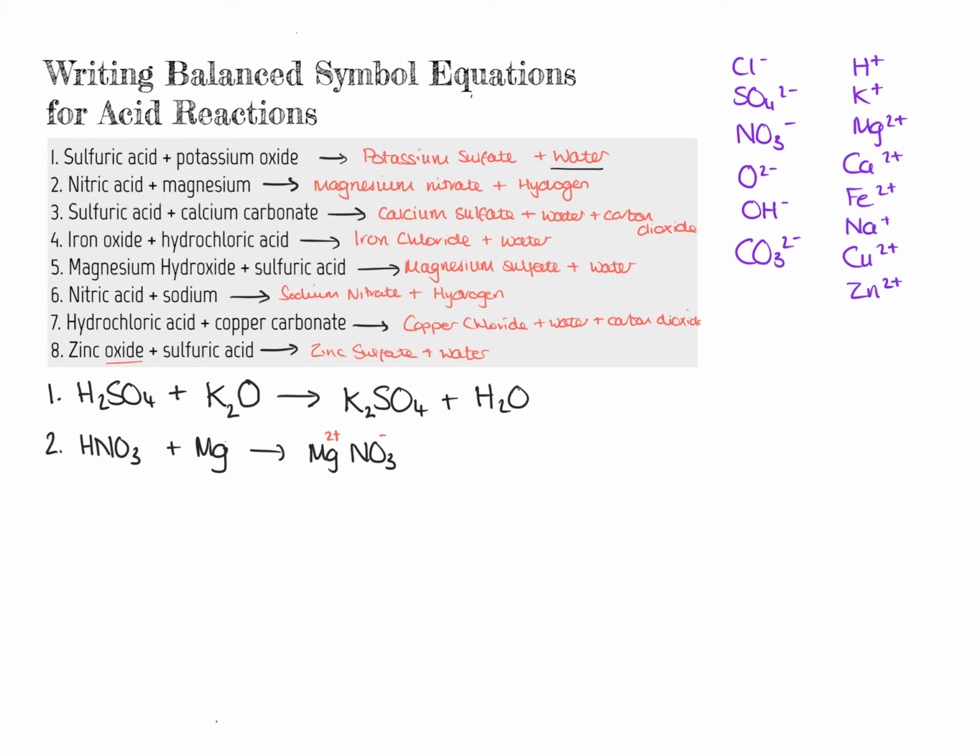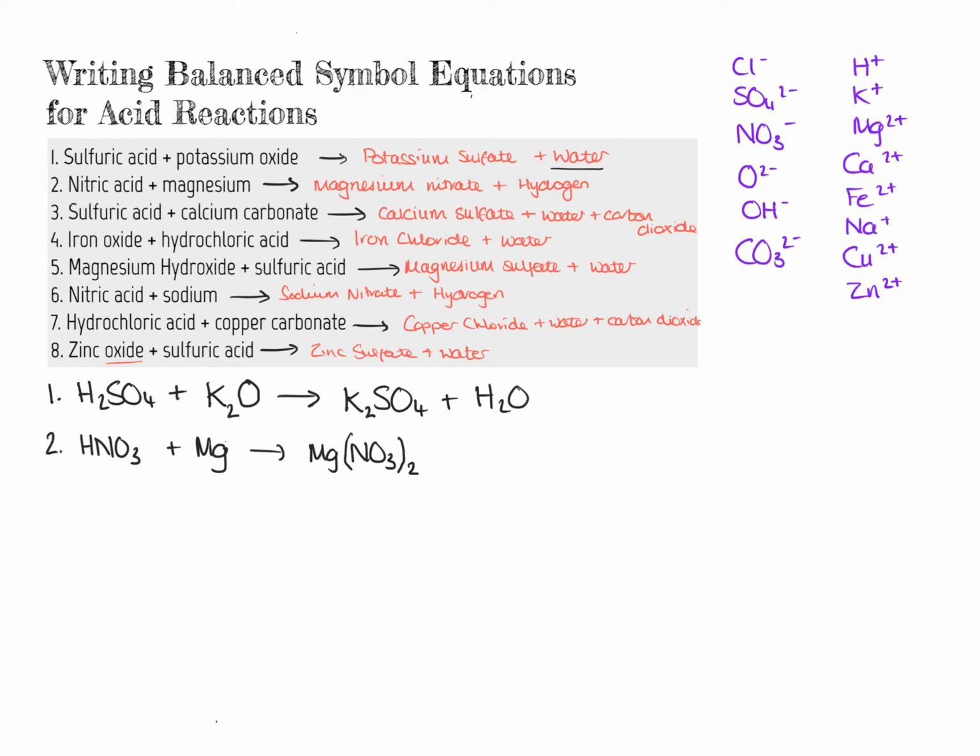Now, because nitrate is made out of more than 1 element, so the whole ion is made out of more than 1 element, what we can do here is we can bracket it and say the whole nitrate ion, we need that twice. And then that will balance out our charges, and we can take away any of our working out here.